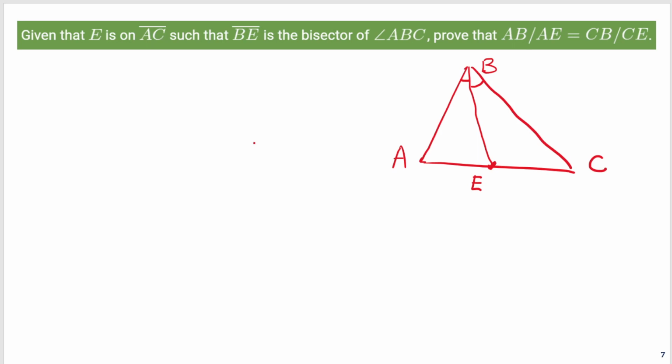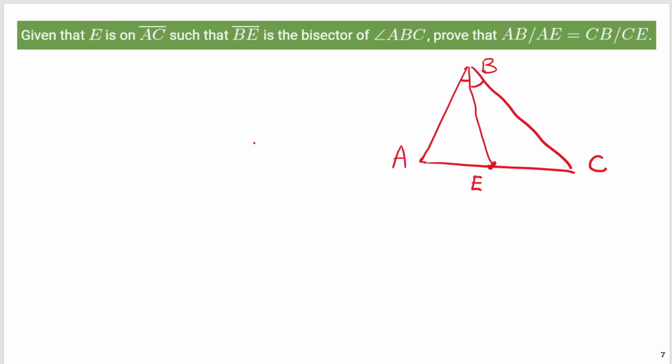I'll give you a hint. When you see ratios, what do you think of? Usually we think of similar triangles, right? So can you find any similar triangles? If not, can you make or create similar triangles? You have already had a pair of equal angles, right?